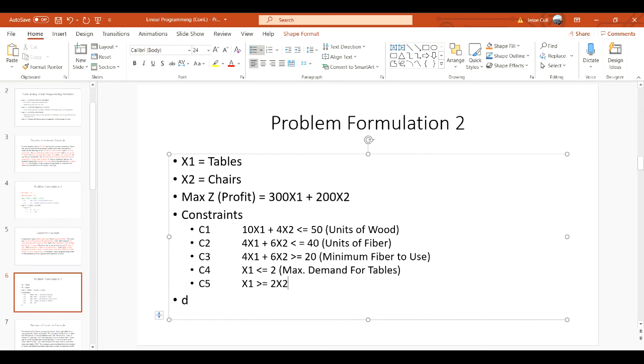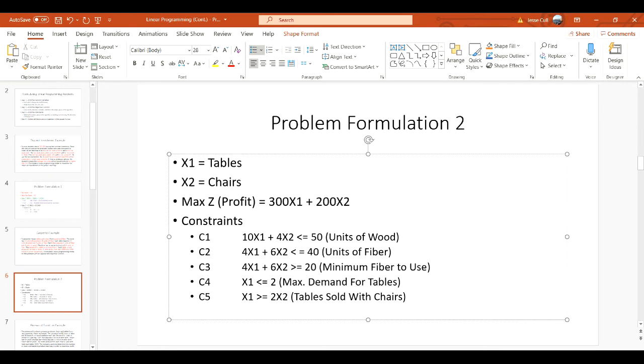For every x1, if x1 is 1, x2 must be 2. It can be more than 2, but it has to be a minimum of 2. Tables sold with chairs. Now the way the equation is formatted here would not work in a computer program, but for now that's not something we have to worry about.